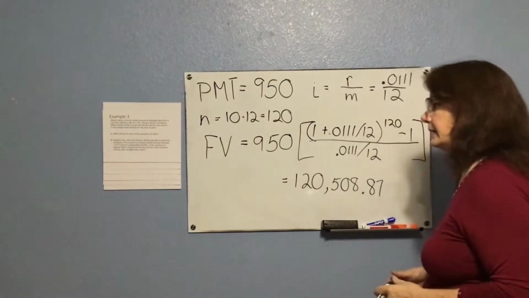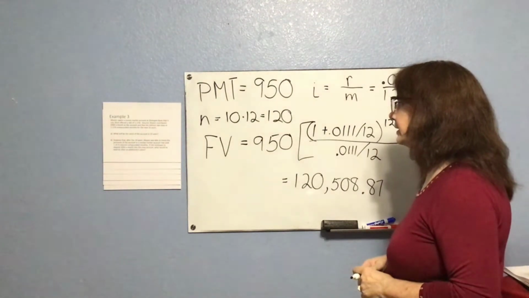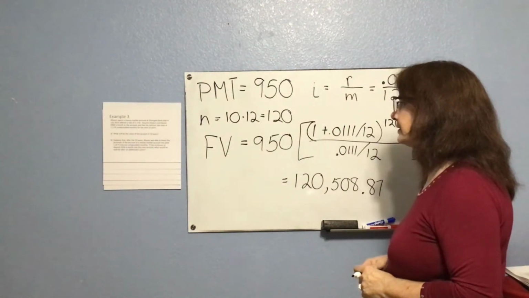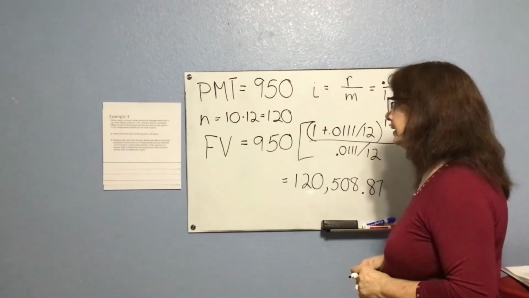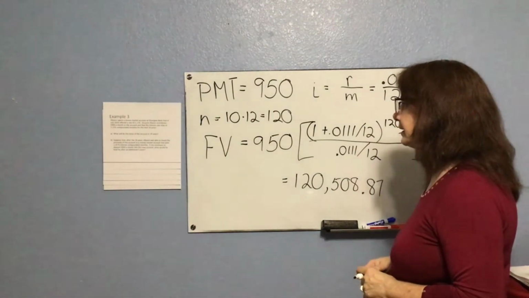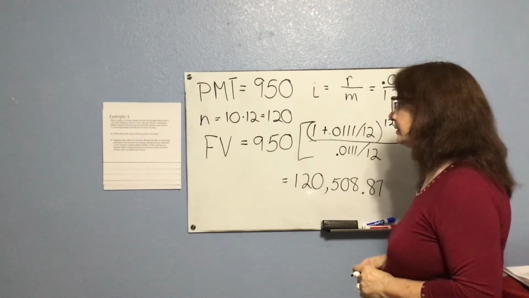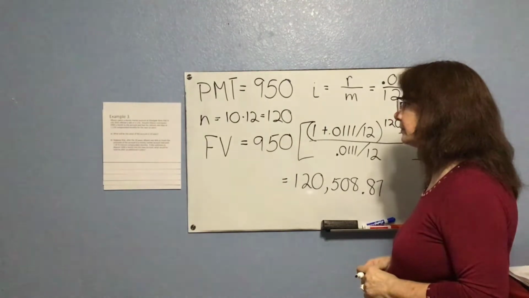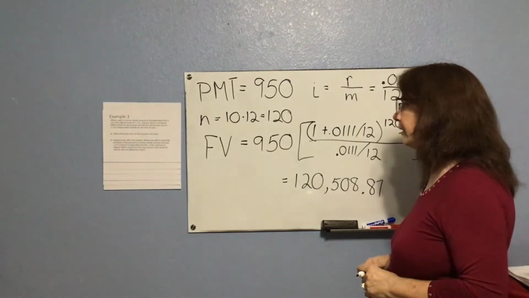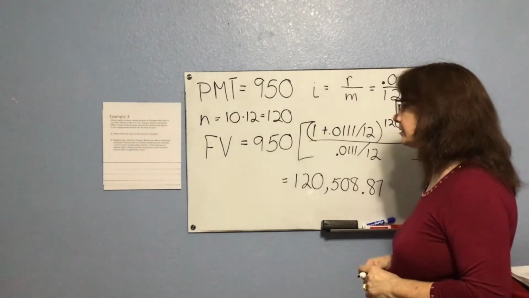Okay, this problem has another part. It says, suppose that after the 10 years, Allison was able to invest the proceeds of the account in a money market account that paid 1.24% interest compounded monthly. If she continues to deposit $950 a month into the new account, what would the total be after an additional 5 years?